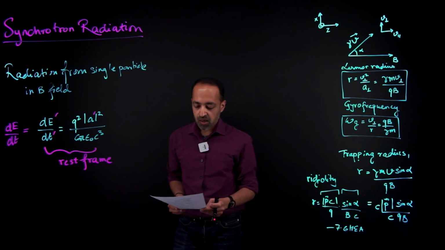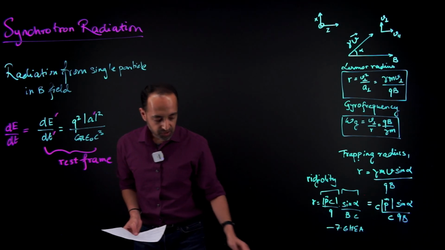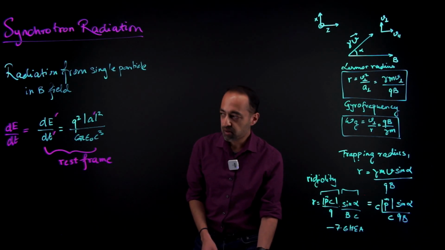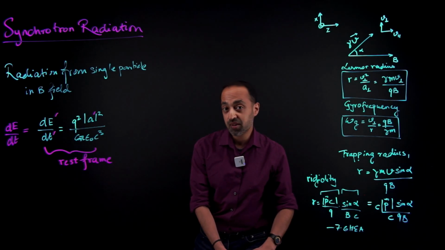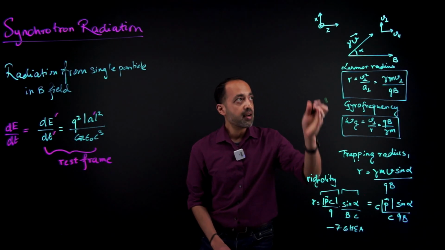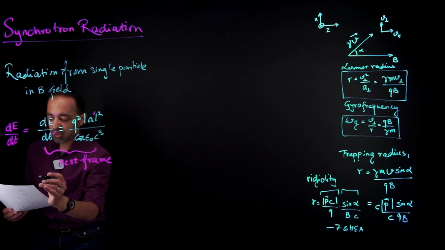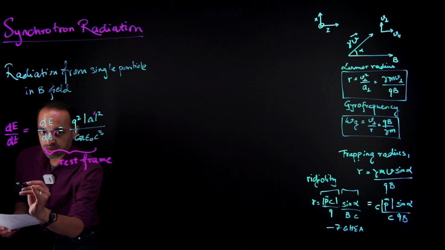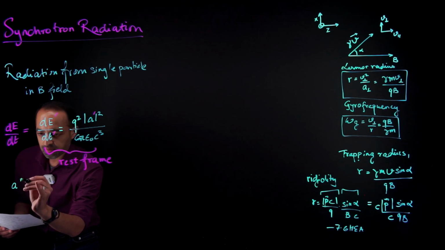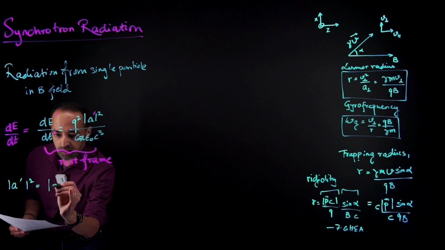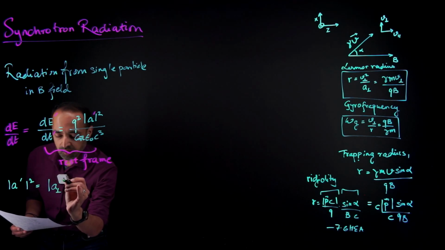This one is harder. The acceleration transforms in the following way. The transformation of the acceleration depends upon whether you're transforming the parallel or the perpendicular component with respect to a given direction, the magnetic field. So here's what the transformation looks like. a prime squared, mod squared, is a, which is just a.